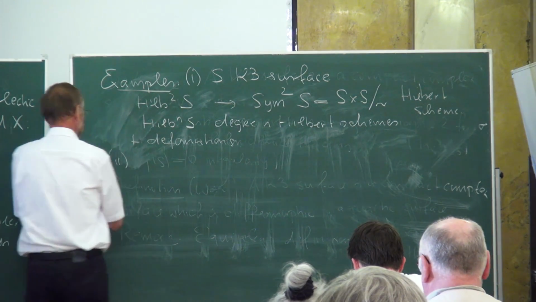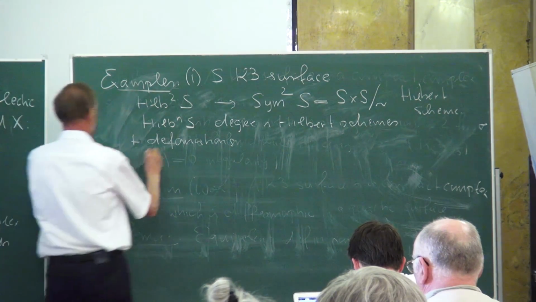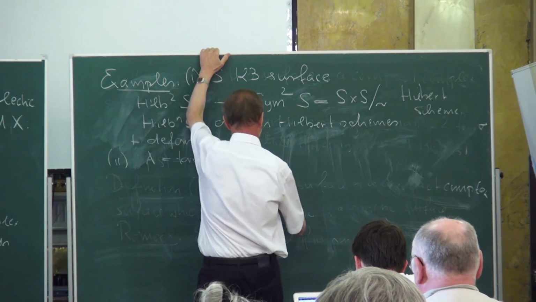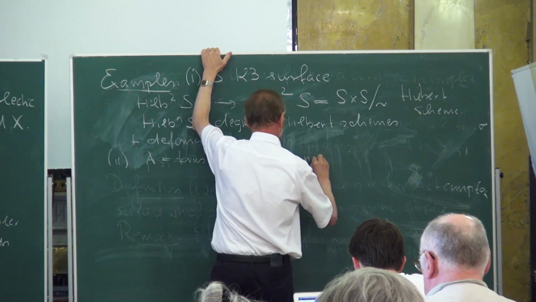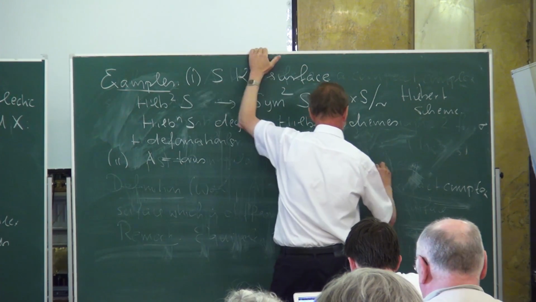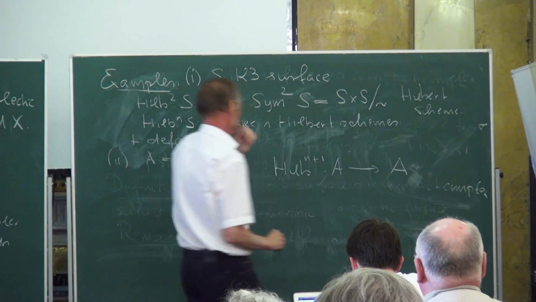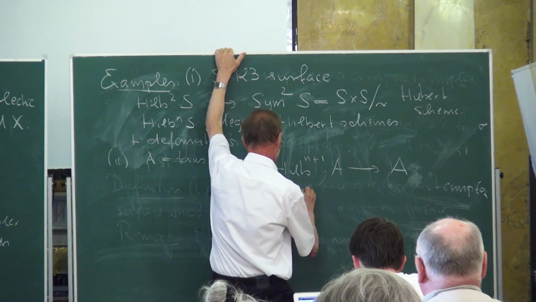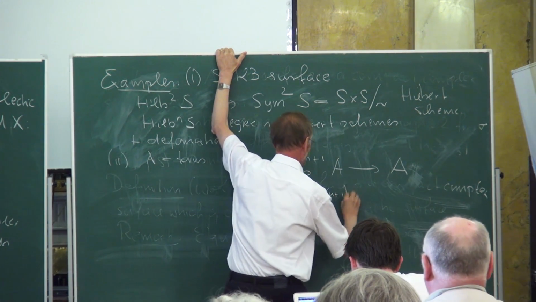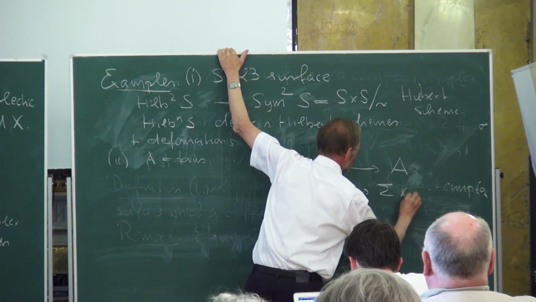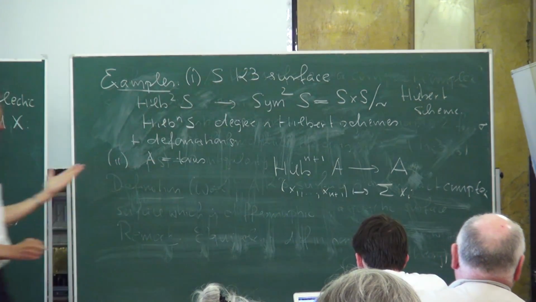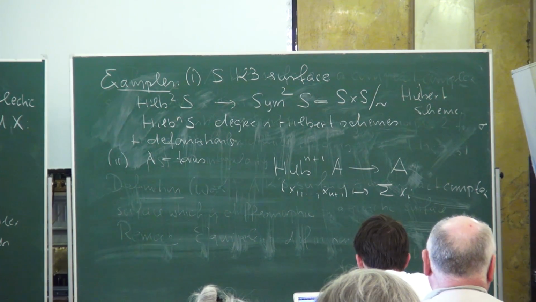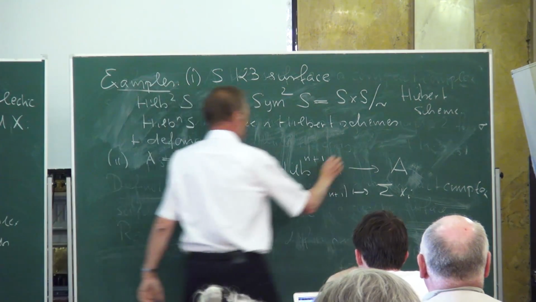That's one example. Another example is we can start with a torus A. Then we can take the (n+1) Hilbert scheme of that torus, and we can map that to A by taking an n-tuple of points and associating to it the sum. That makes perfect sense because A is a group, and this makes also sense when the points come together. That's called the Hilbert-Chow morphism.